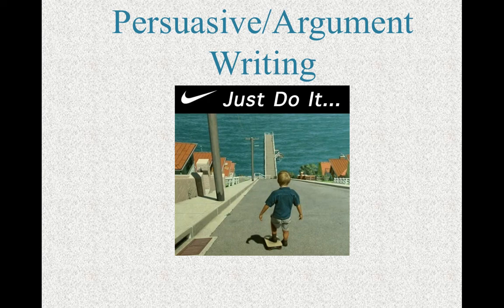So if you take a look up on your screen, I have a presentation that I want to show you on persuasive or argument writing. This is the second type of essay that you're going to be required to complete on the New York State Regents exam. It's a little different than the claim essay that we've been working on, where you have to come up with a claim and find 3 different examples to support that claim.